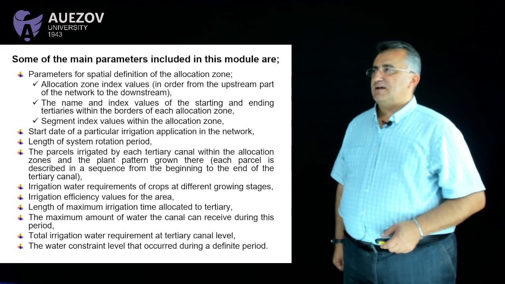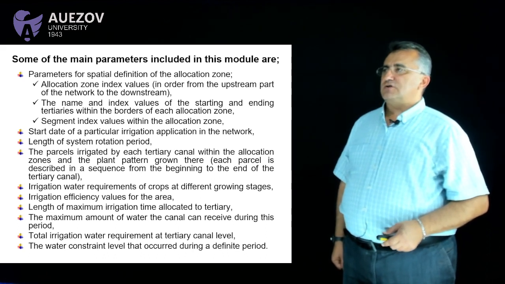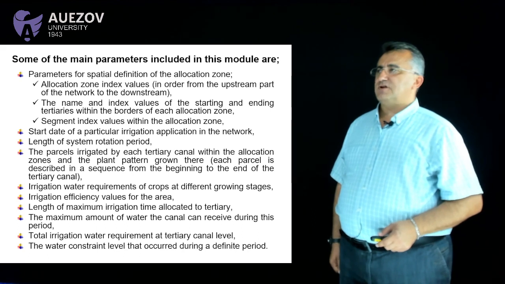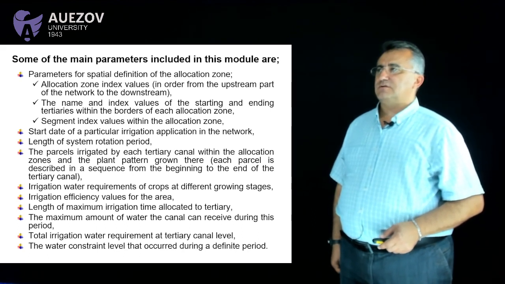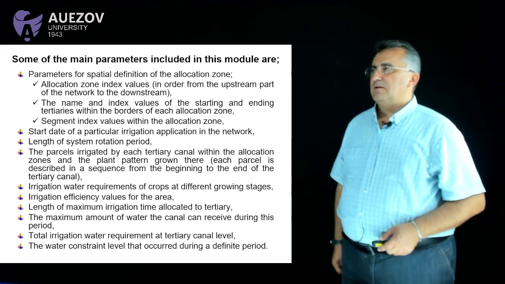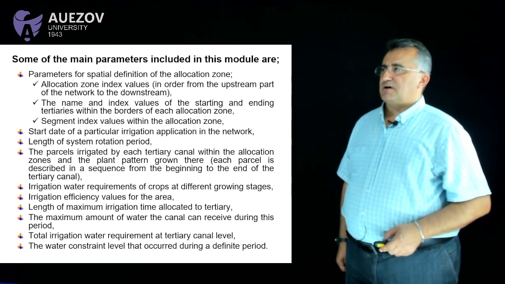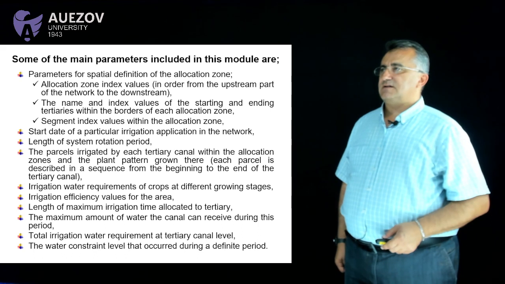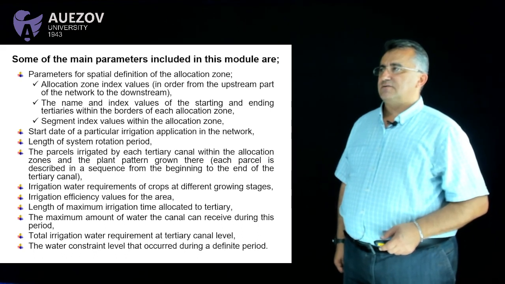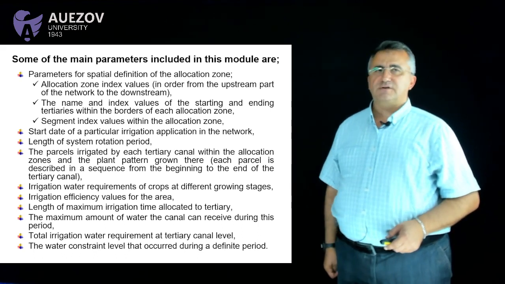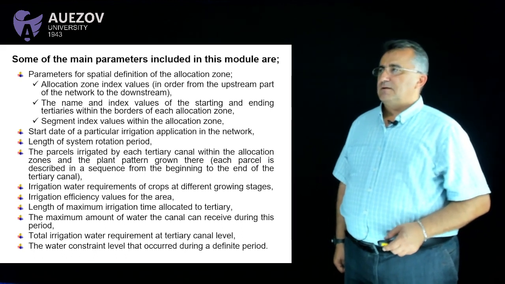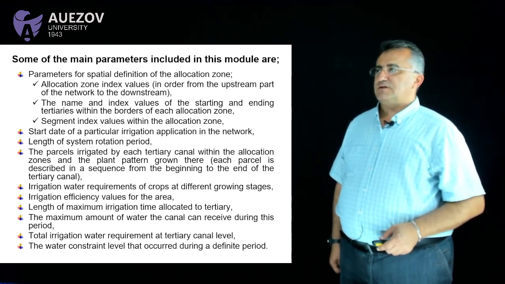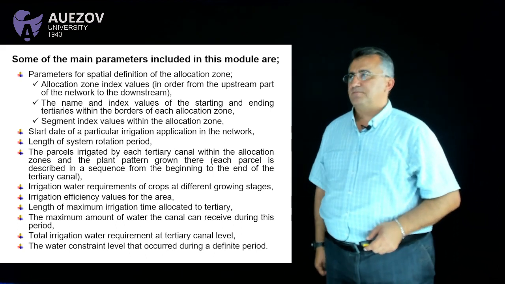Here we can see allocation zone index values in order from the upstream part of the network to the downstream. The second sub-item, the name and index values of the starting and ending tertiaries within the borders of each allocation zone. The third one, segment index values within the allocation zone.